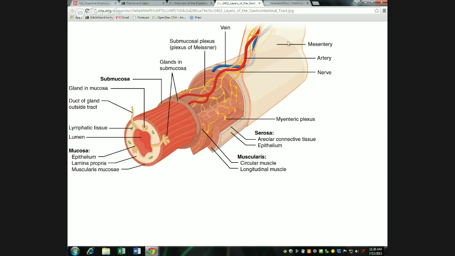And it does that for other structures too. It holds the stomach in place, it holds the liver in place, it holds the small intestines in place, et cetera, et cetera. That's what the mesentery is. It anchors everything in place, and it protects the blood vessels, lymphatic vessels, and nerve fibers that are connected to the organ.